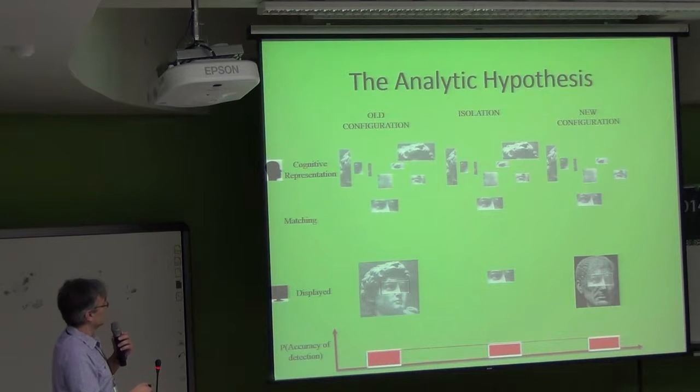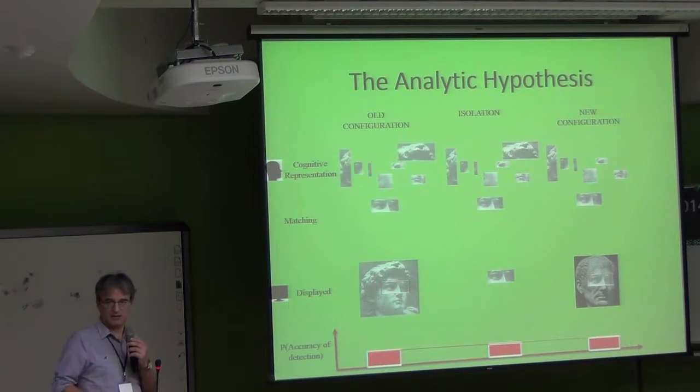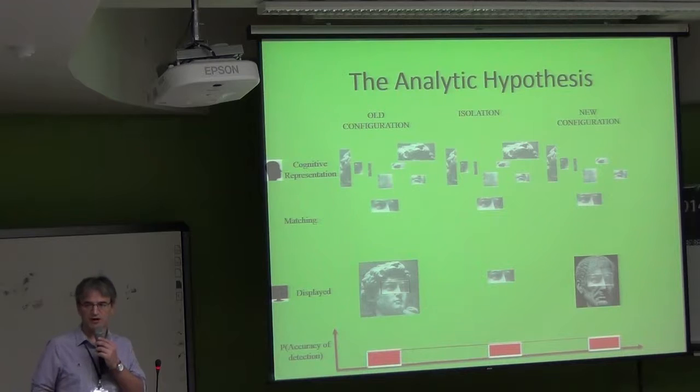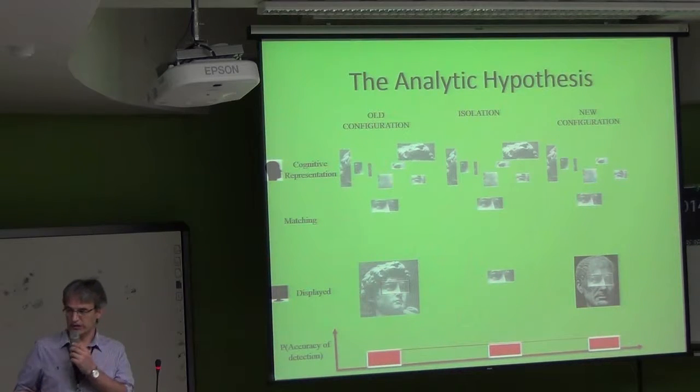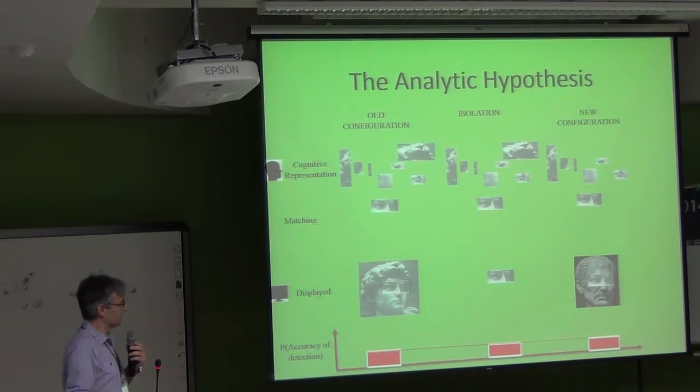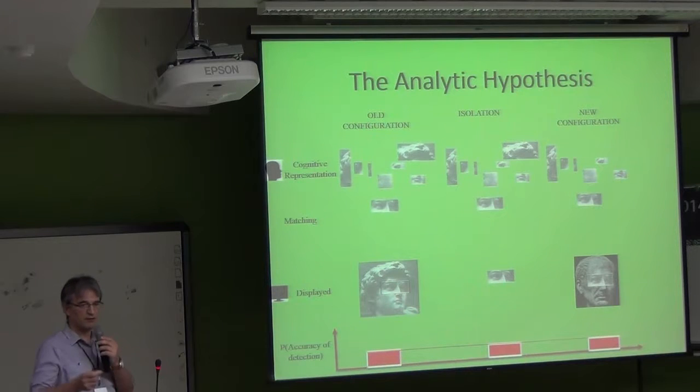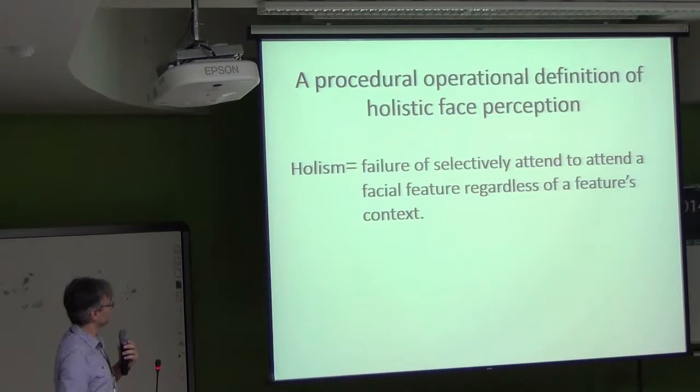Pretty much, the idea here is if you're using analytic processing, then accuracy should not be affected much by changing contexts. Let's call this roughly the strong analytic hypothesis. So the idea is, if you find failure of selective attention, that will indicate holistic processing, and if you don't find this effect, it will indicate analytic processes.